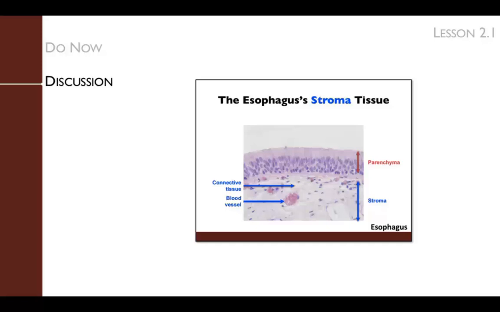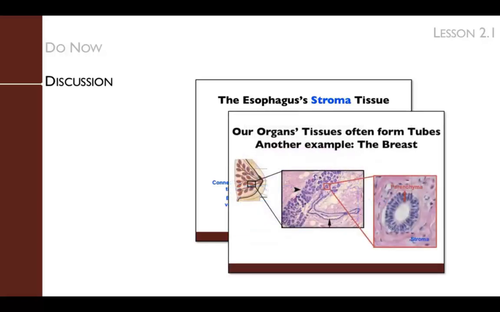In this case, the stroma contains blood vessels that provide oxygen and nutrients and connective tissue that provide structure to the parenchymal tube cells. Other tissues, such as breast tissue, also form tubes with a lumen, functional parenchyma, and supportive stroma. Next, we take a closer look into the structure of different organ systems to identify parenchyma and stroma.